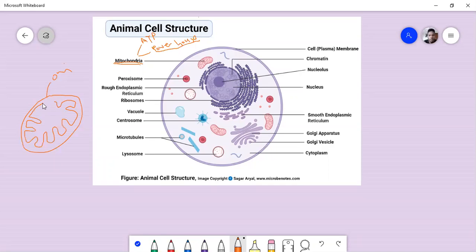That's your inner membrane, and these projections we call cristae. And then it has the matrix, and then it has granules.